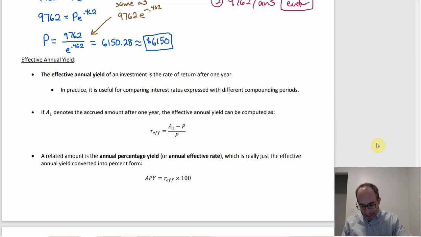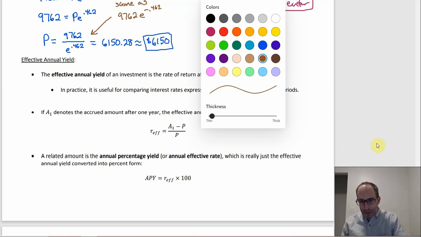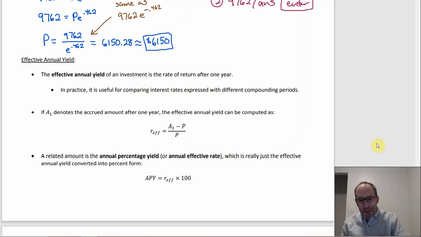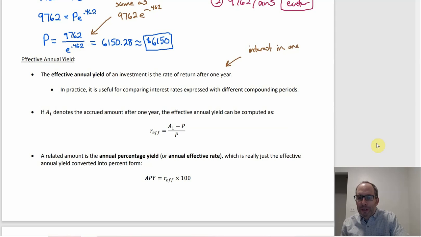So really what this is, let me keep it brown, I want a different color that sticks out, it's the interest in 1 year divided by the principal.